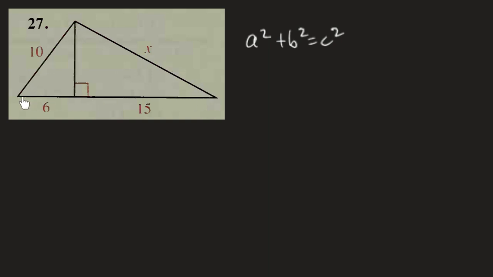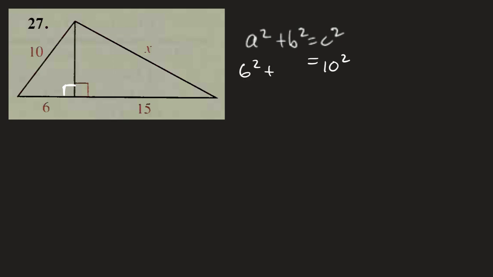It'd be nice if we could use this whole thing, but this isn't a right triangle. These two are right triangles. What you need to know also is that's a right angle too. So the hypotenuse is going to be 10. That's 10 squared, and then one of the legs is 6.